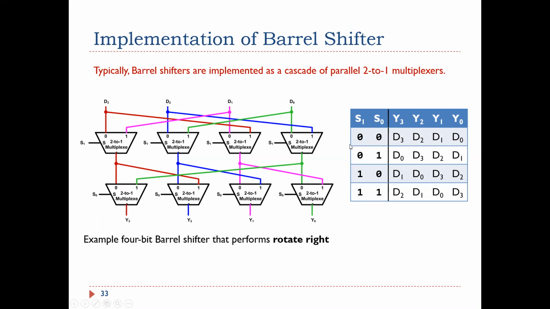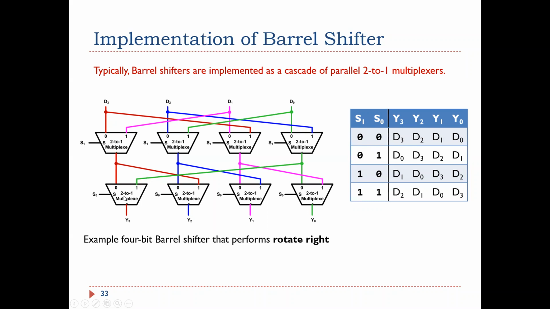Now let's take a look. If we would like to do a rotate right with 0 0, that means S1, the top layer of multiplexers, and all of the top layer takes the same switching input, S1.